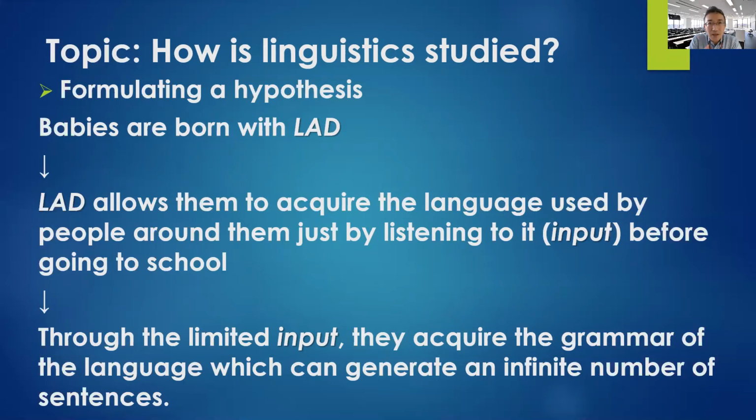Limited means the parents or relatives have not spoken every possible sentence of that language. If the first language is Japanese, the parents and relatives and friends have not spoken every possible sentence of that language. It's impossible. So in this sense, the input is limited.